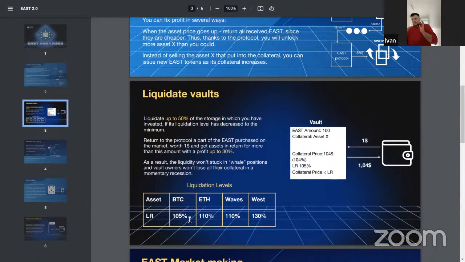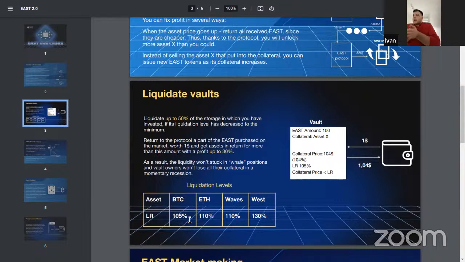When the collateral level falls down to, for example, 110%, everybody in the blockchain can liquidate half of the position, and take a profit.